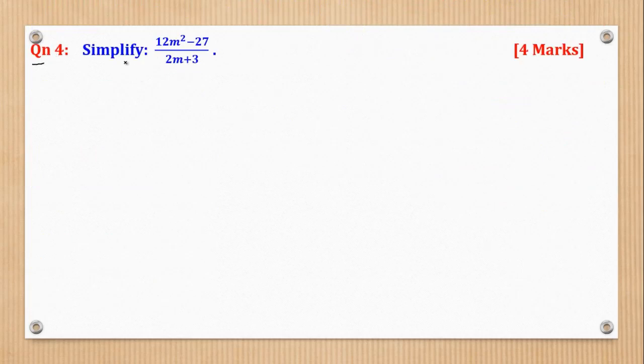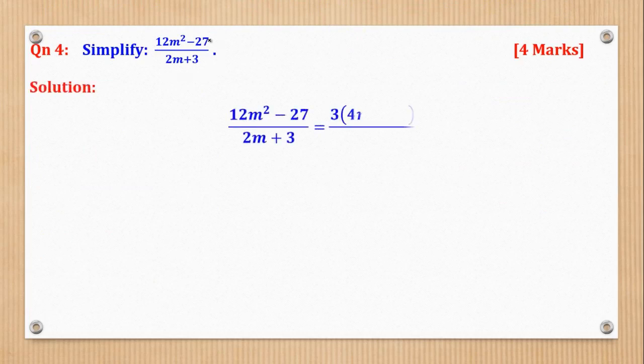Then question 4 says simplify this. So here, first of all, 12 and 27, 3 is common. So 3 comes out. Then to get what to put here, you'll say 12m squared divided by 3 to give you 4m squared.